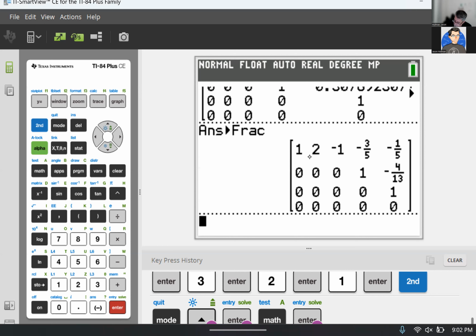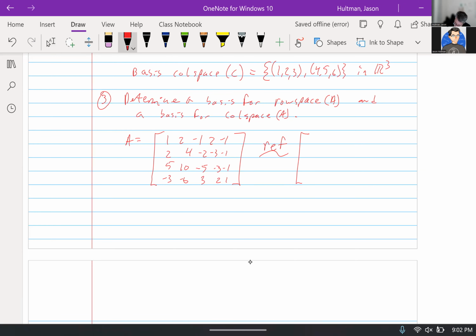So let's write that down. So this is going to become 1, 2, -1, -3/5, -1/5, 0, 0, 0, 1, 6/13, 0, 0, 0, 0, 1, and then a row of zeros.